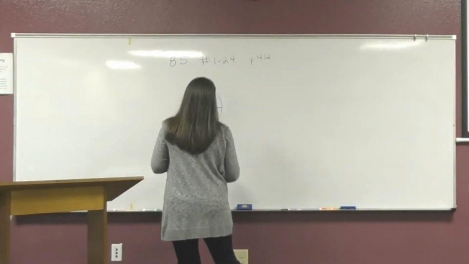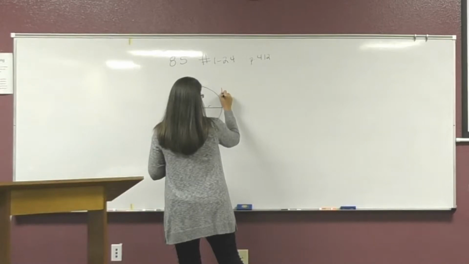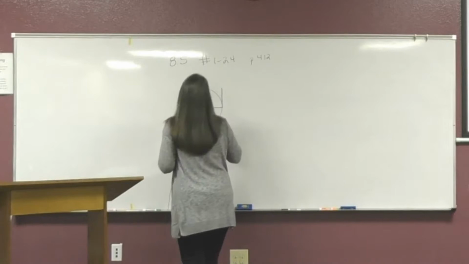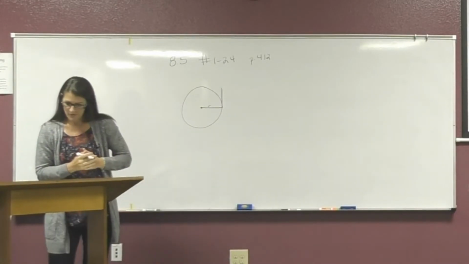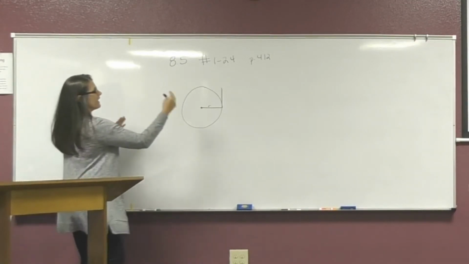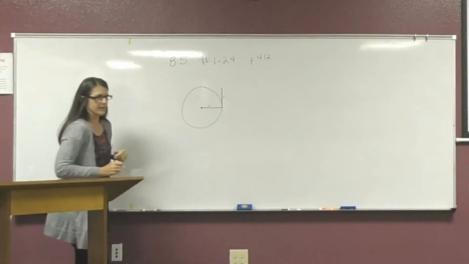So stand by. Because for those of you in geometry, you know that a tangent is perpendicular to the radius. So the length of the tangent has to be the same as that radius, okay?